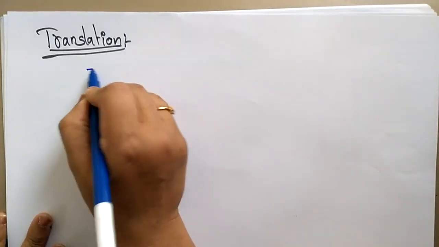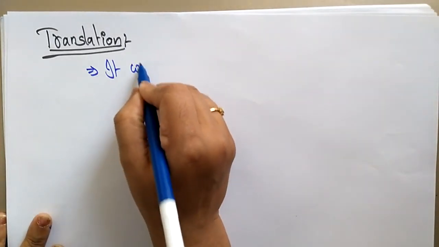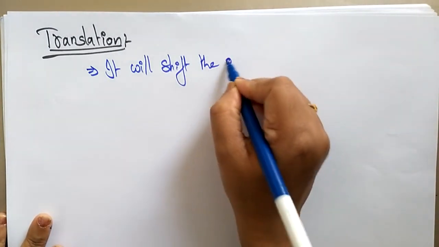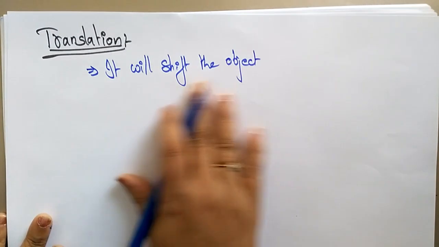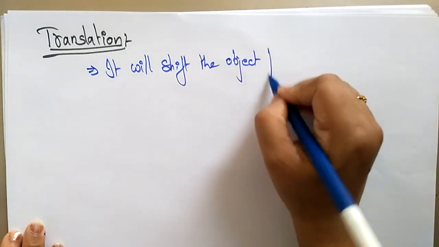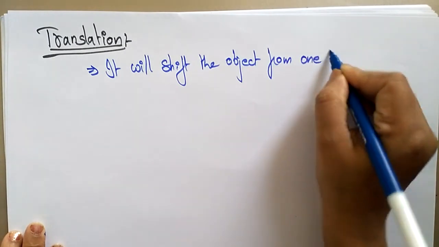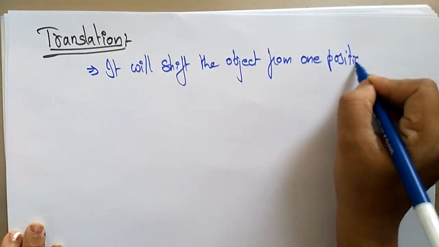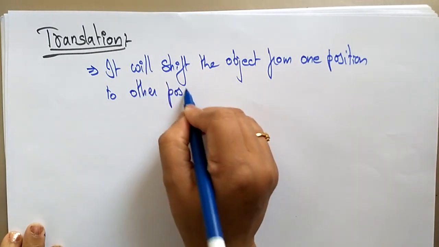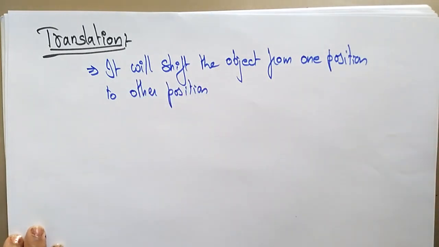Translation is nothing but it will shift the object, whatever the object that is given. In terms of x and y axis, it will shift the object from one position to another position with the given translating factors in x or y axis.